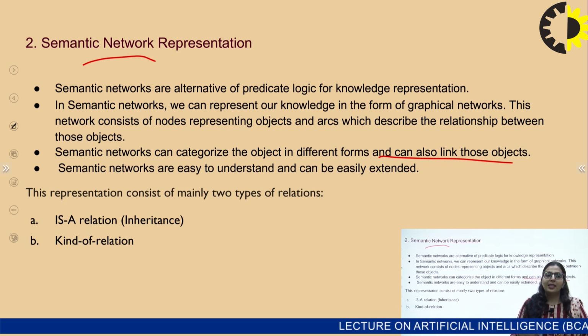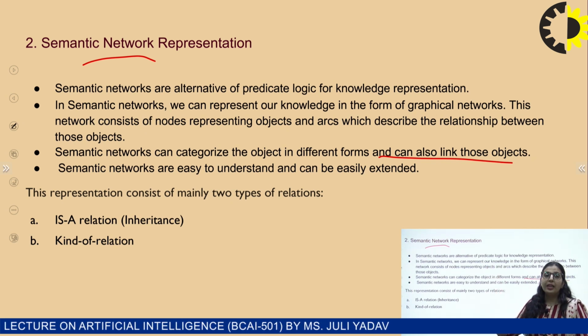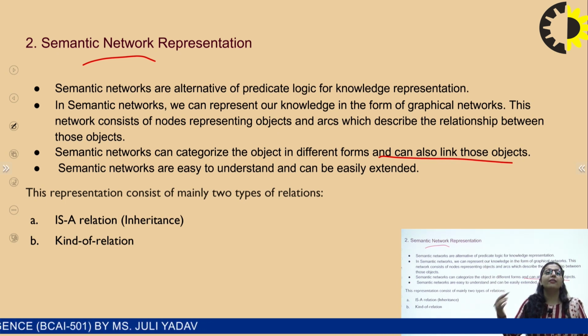So it is easy to understand and easy to extend. The main advantage of this technique is that while we are creating the knowledge base, if we are using a semantic net, it is easy to add new facts, or easy to extend the facts.